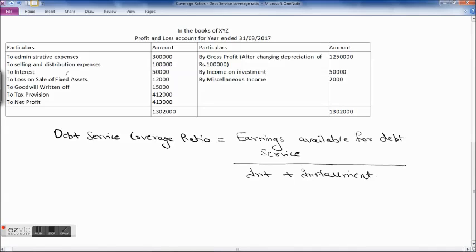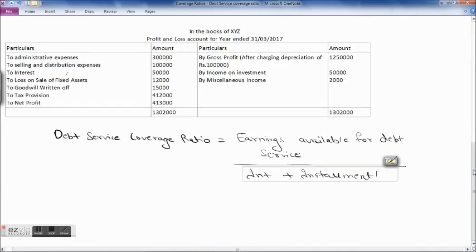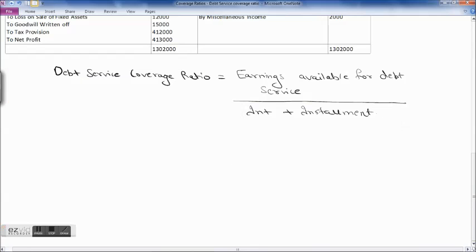Now let's calculate earnings available for debt service. We will begin with the net profit which is given here, and we will calculate it in the reverse manner. So how much is the net profit?